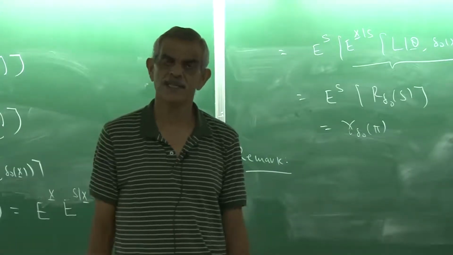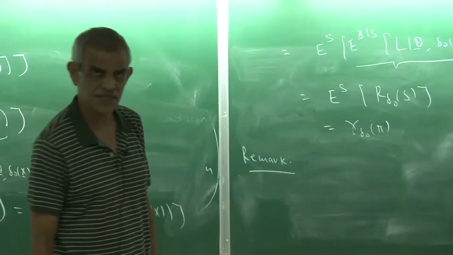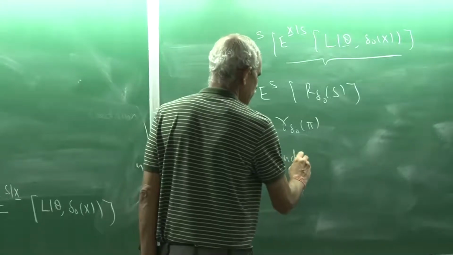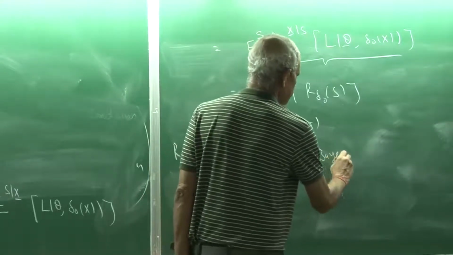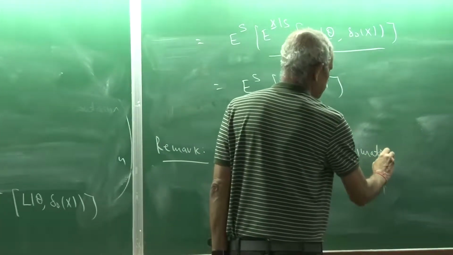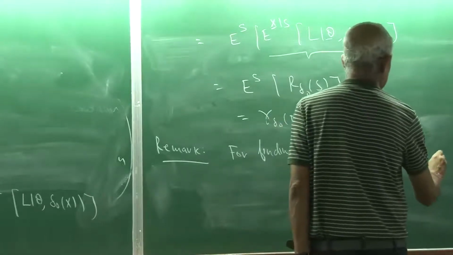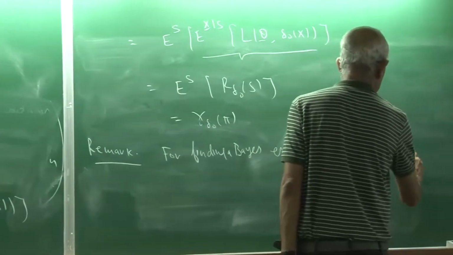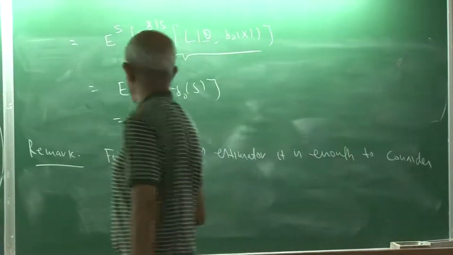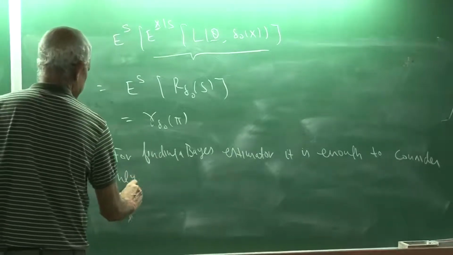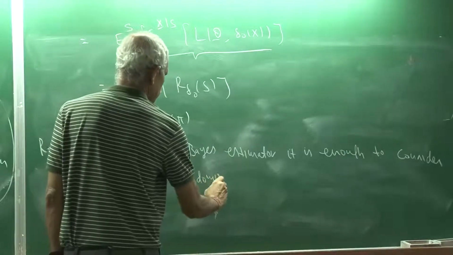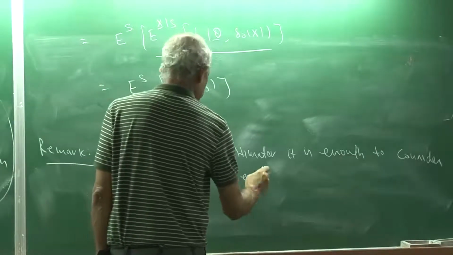So that means for finding a Bayes estimator, it is enough to consider only non-randomized estimators.